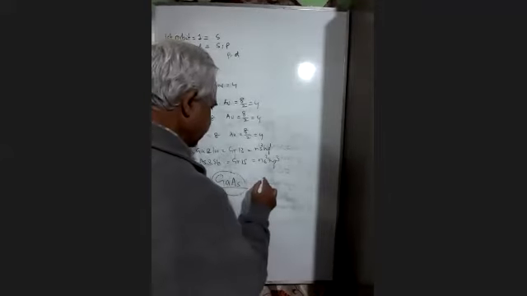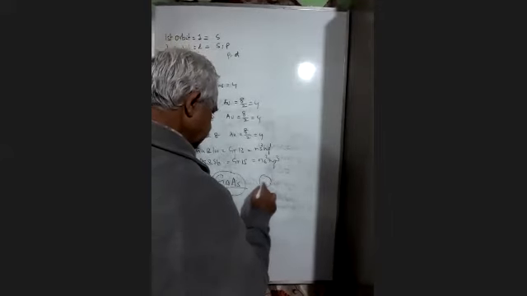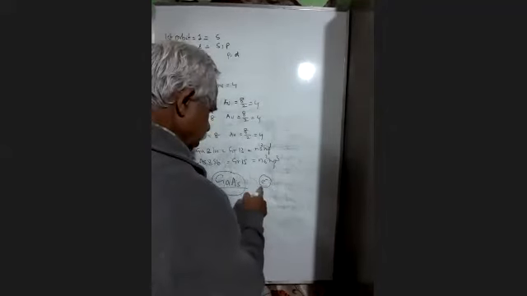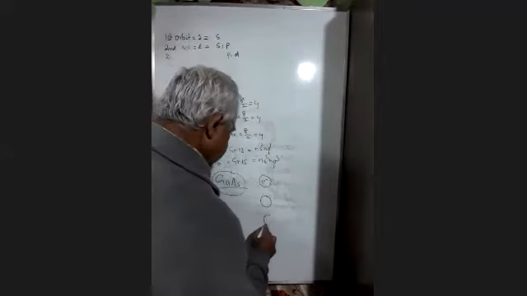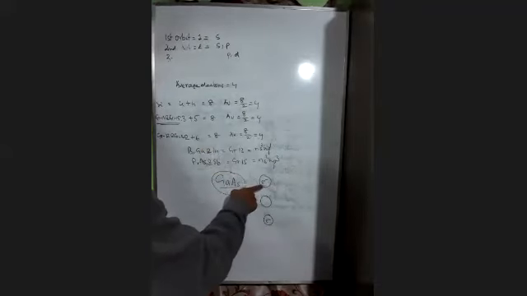Means what will happen? See here. Arsenic has 5 electrons, and gallium has one electron less. Then arsenic has 1 extra electron. Why extra? Because our average should be 4. Arsenic has 5 electrons, so 1 electron is extra.